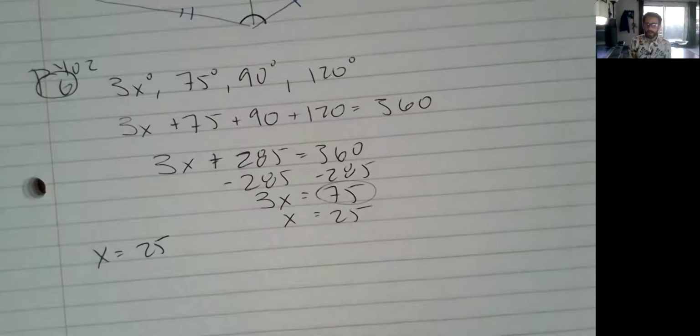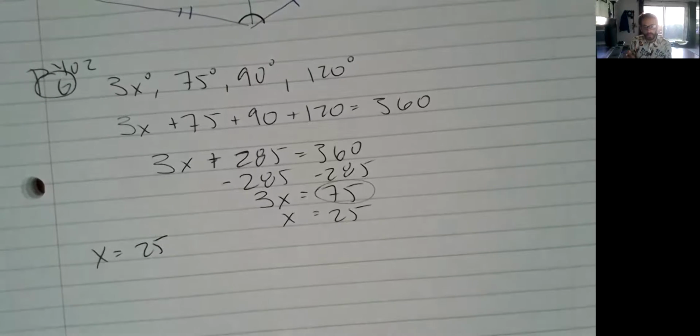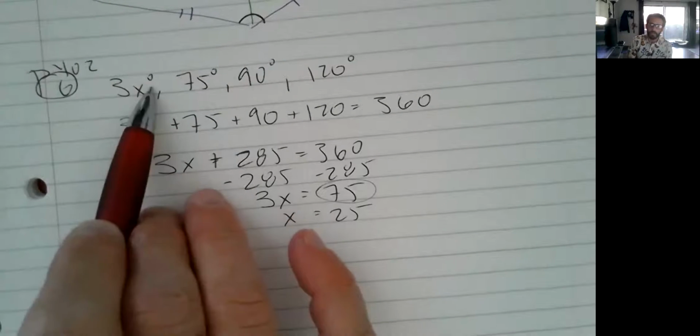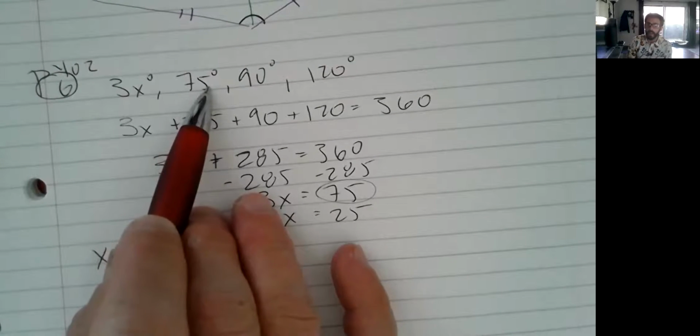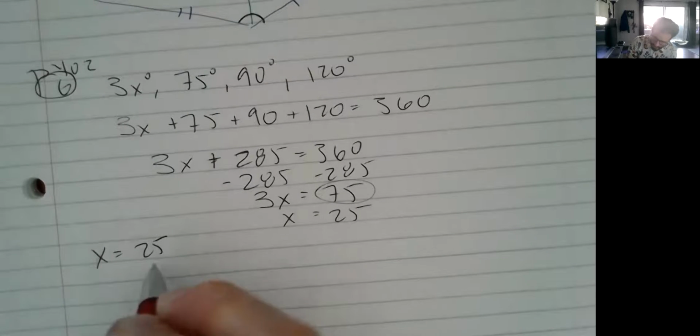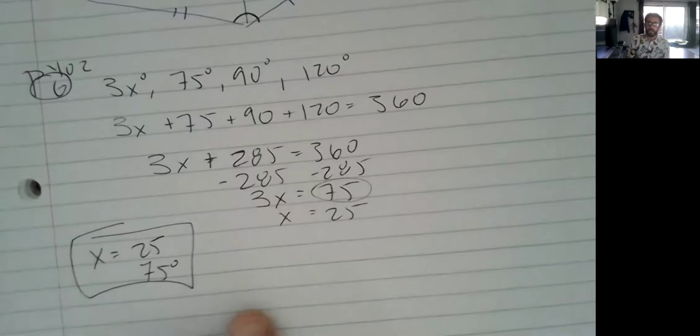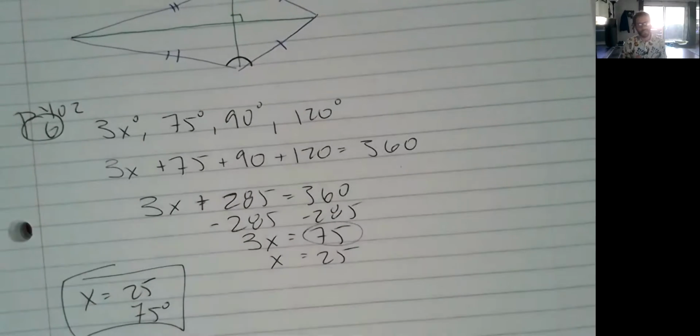And then, of course, this was a little hint if you know what you're doing. But if you were just doing the math, you get x is 25. You plug it back in here. 3 times 25 is 75. And what was the one pair of congruent angles? 75 degrees. And there's our answer for number 6. So we remember that a kite is still a quadrilateral.